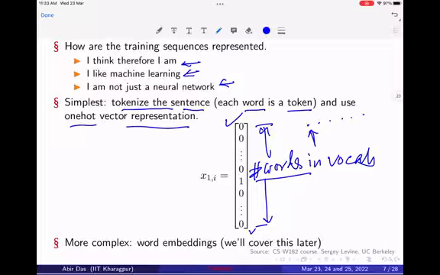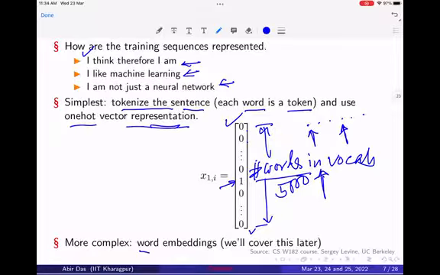And then suppose you are trying to represent this first word, I, then you will just pick the corresponding index of the word I, and you will put 1 there. Everything else will be 0 in this 5,000-length vector. So that is the tokenization followed by one-hot vector representation. You do it for all the words, and when you are giving input, you are just giving these as input.